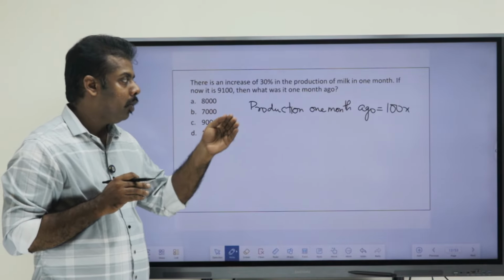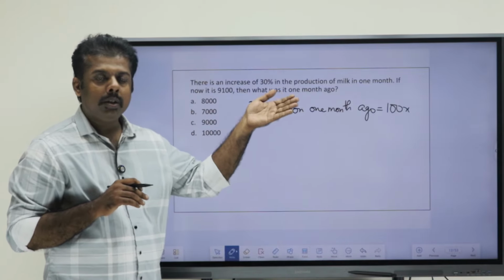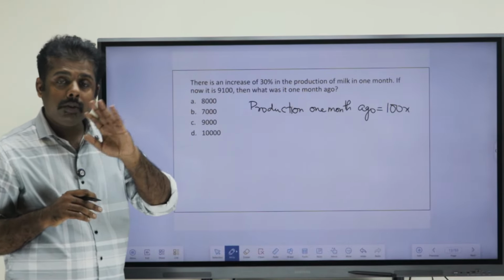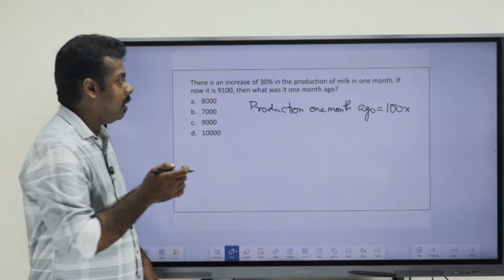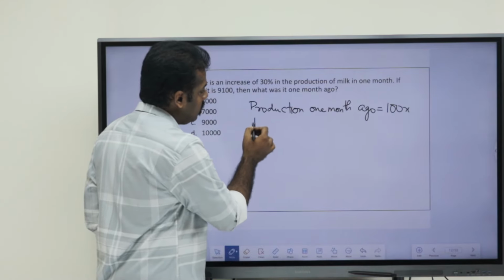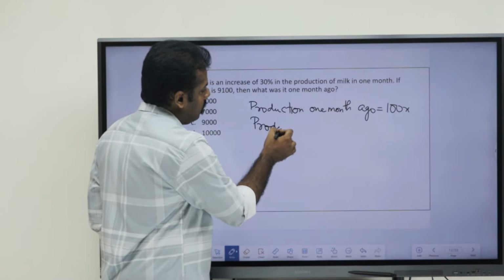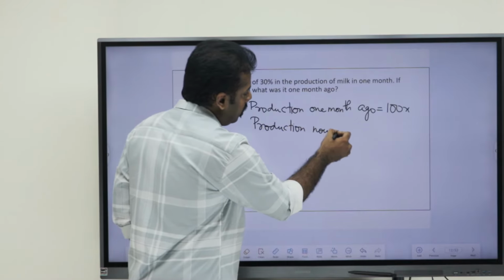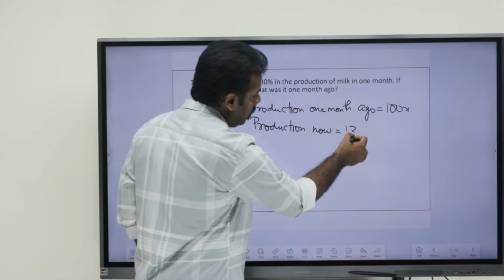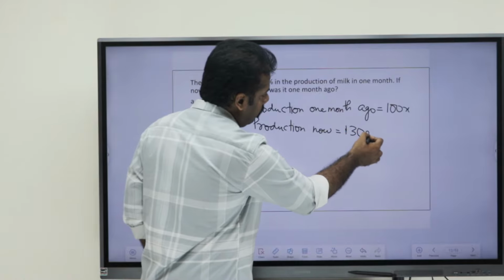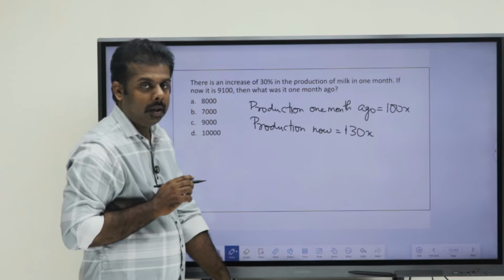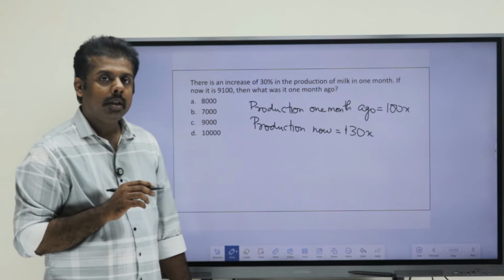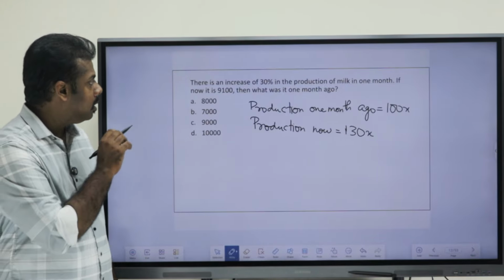So, as we know, if 1 month ago the production is 100x, a 30% increase will give us how much? That is, we can just write the production now. Production now will become, a 30% increase will give us what? 130x. Okay.